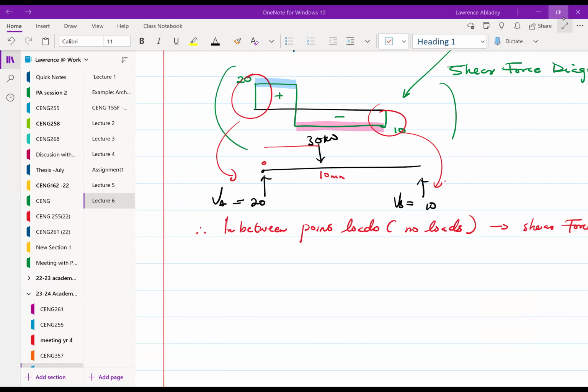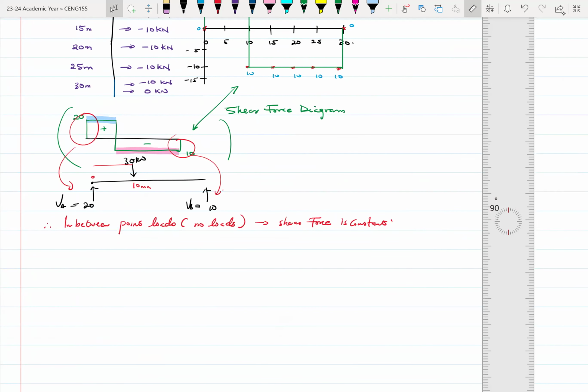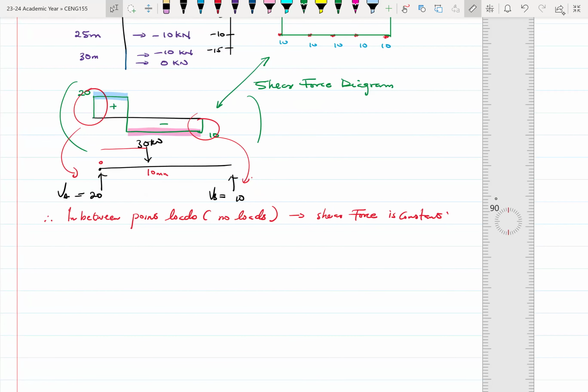So before the break, I mentioned that if we look at our shear force, you'll realize that there's a pattern being developed. And I mentioned that if you look at it between loads, which means those sections do not have any loads in there, the shear force value is constant.